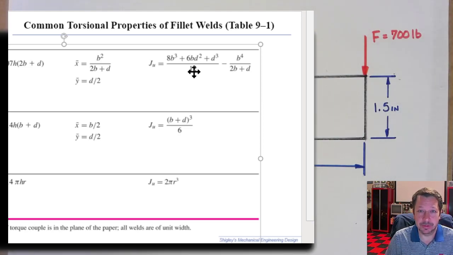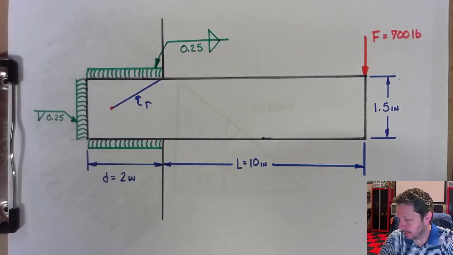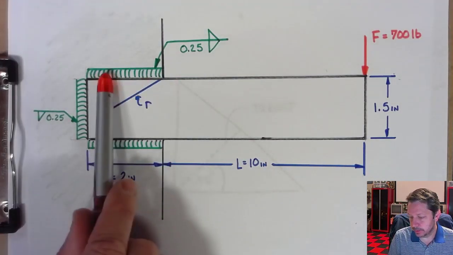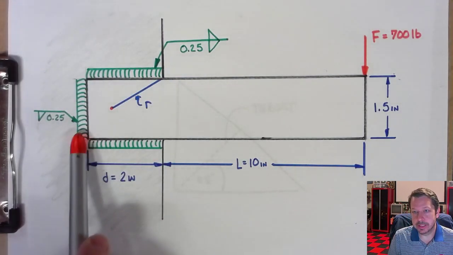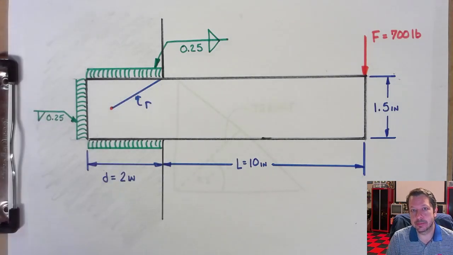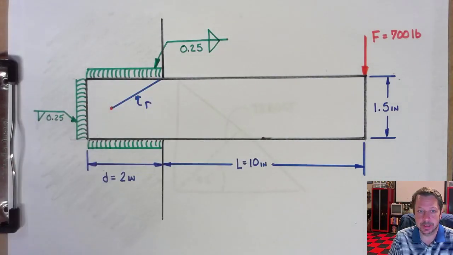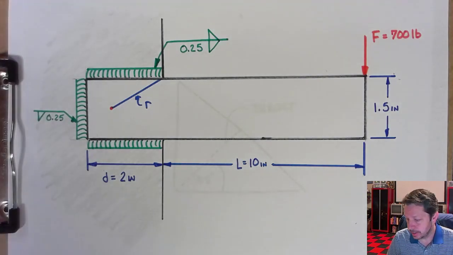Maybe you have welds that are different sizes. Maybe you have a 1/4-inch weld here and a 3/8-inch weld over here, and so you can't use this method from the chart when you have different weld sizes like that. But there is a method in the book outlined if for some reason you have different sizes of welds or something that's not in the charts.